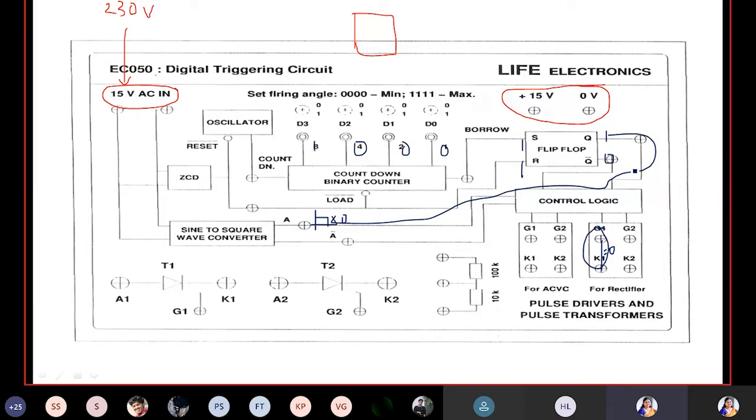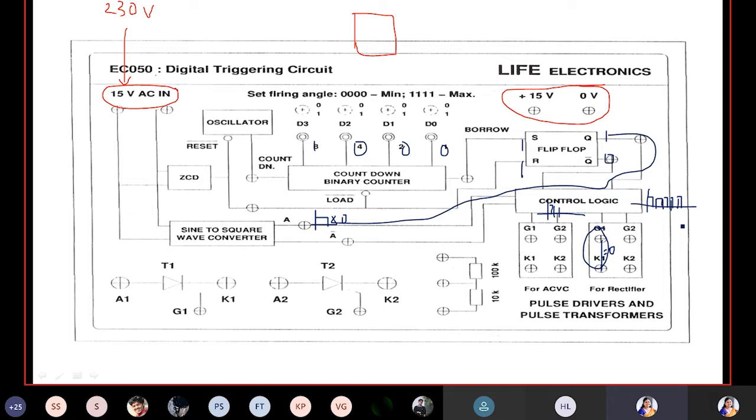Now, what is this control logic? What it does here is it multiplies Q and A, and converts it into high frequency pulses. Till now it was a continuous signal, right? This control logic will convert the continuous signal to high frequency pulses, because the ideal characteristic of the device is that we always need pulse triggering, we don't need continuous triggering.